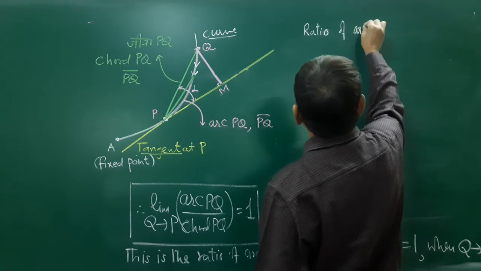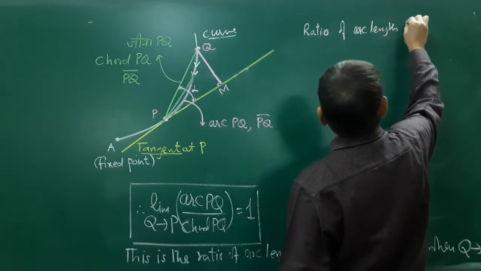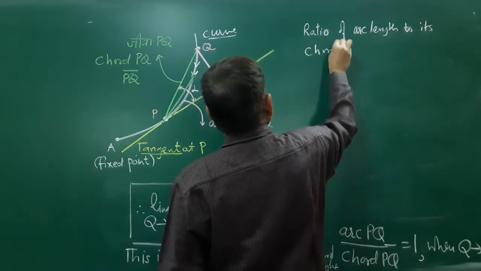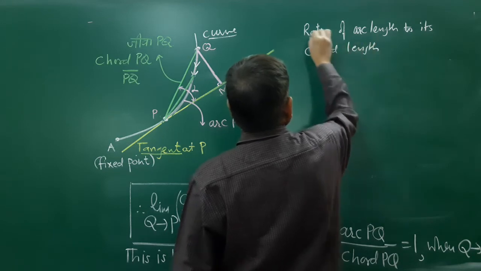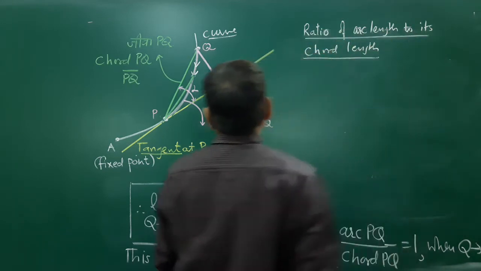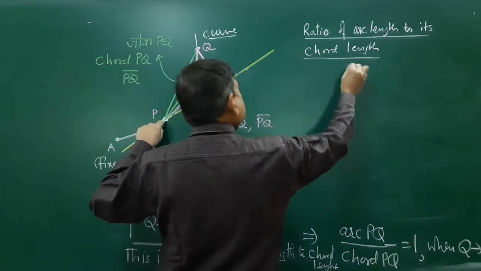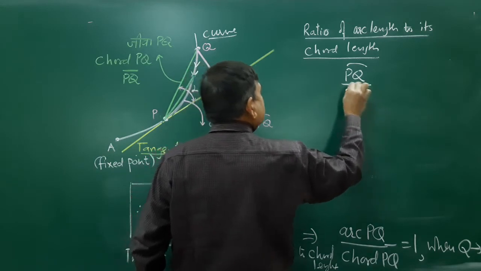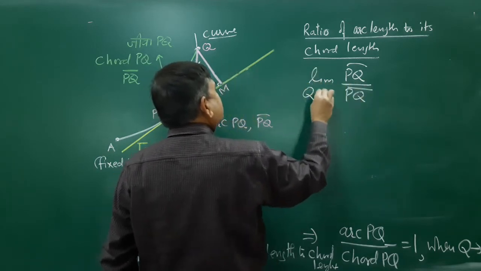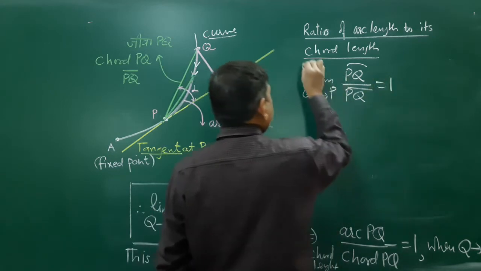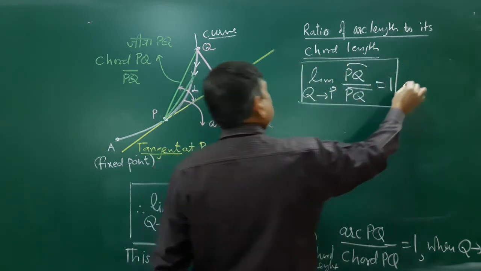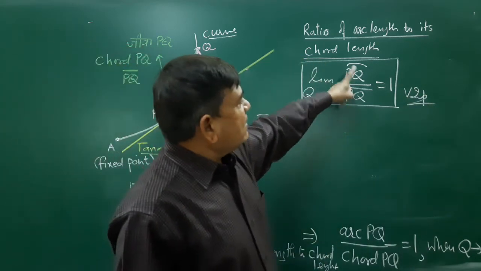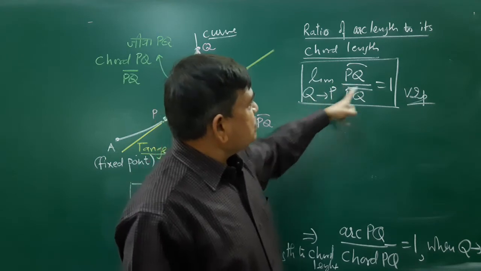Ratio of arc length to its chord length, this we have calculated. What is the arc length upon chord length? When q tends to p, that is equal to 1. Very important article. This you have to remember. So arc length upon chord length when q tends to p, that is equal to 1.